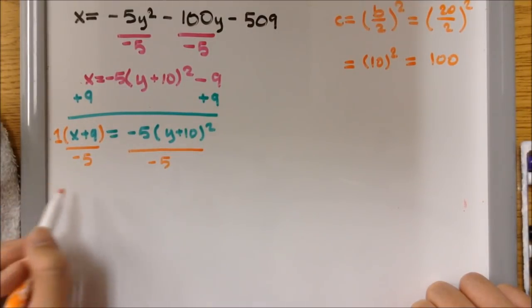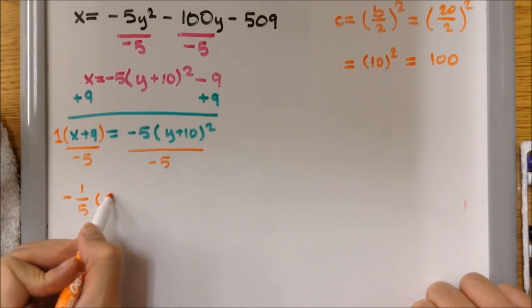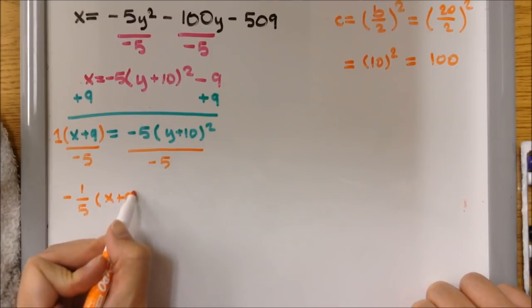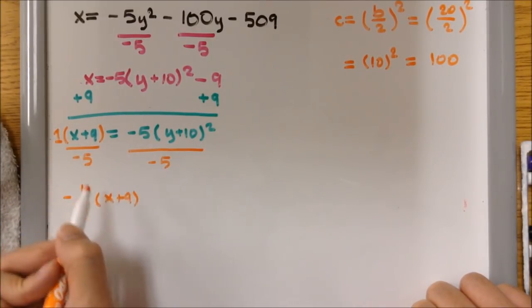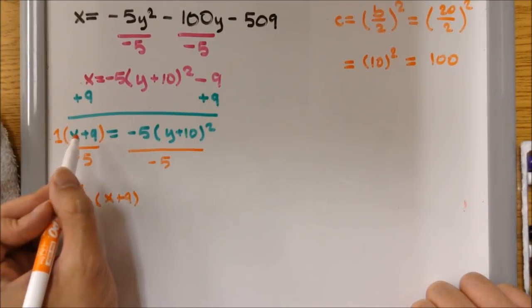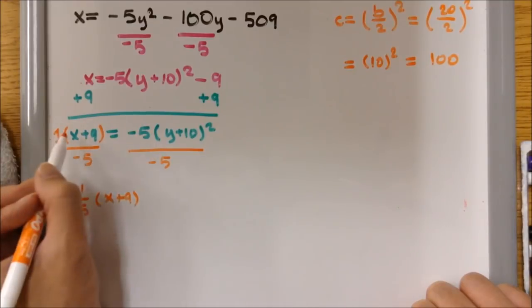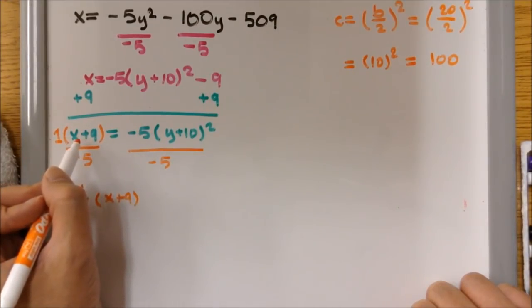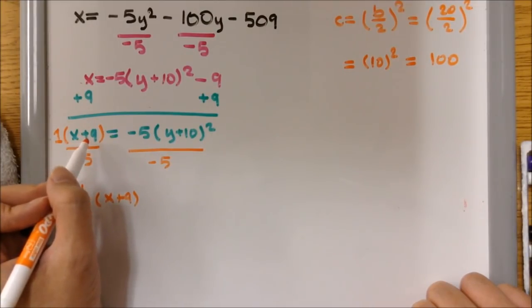So on the left side, it will be -1/5 times x plus 9. So instead of putting it on the numerator of the fraction, I just put it on the side. Now I can only do this because it's in the numerator. So I repeat, you can move it to the side if it's in parentheses, or if it's a single term like x or m or y or s.